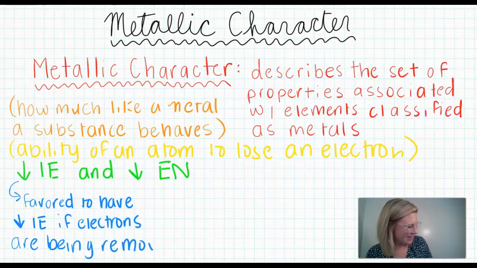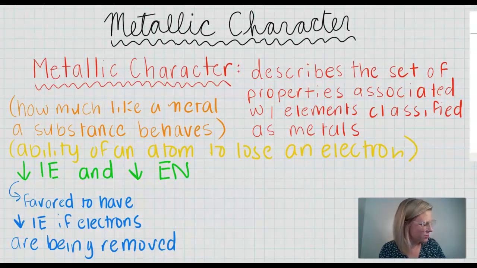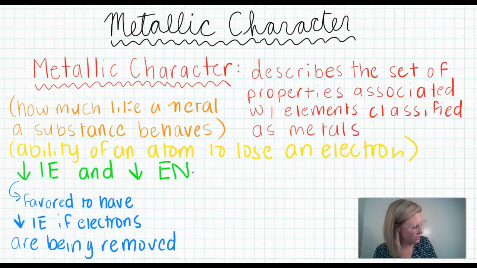And therefore, what about electronegativity? If we're looking at electronegativity, we want there to be low electronegativity. Now think about what that is defined as. It's defined as the ability to attract an electron. So if something is going to behave metallic, it's not going to attract electrons, it's going to lose them.